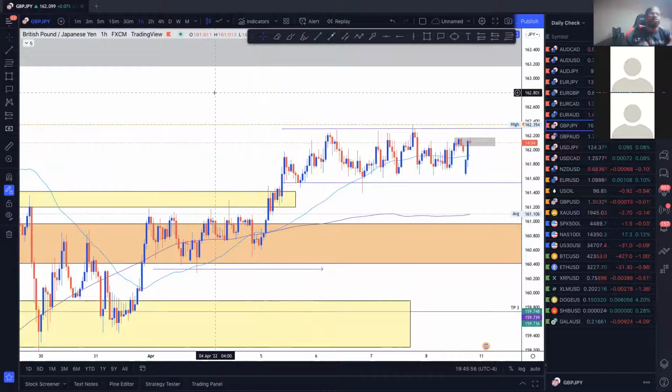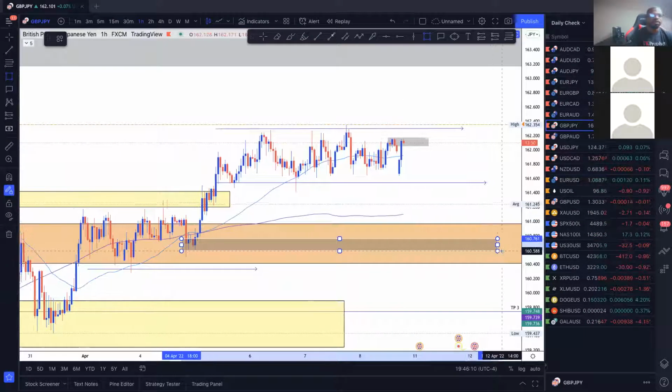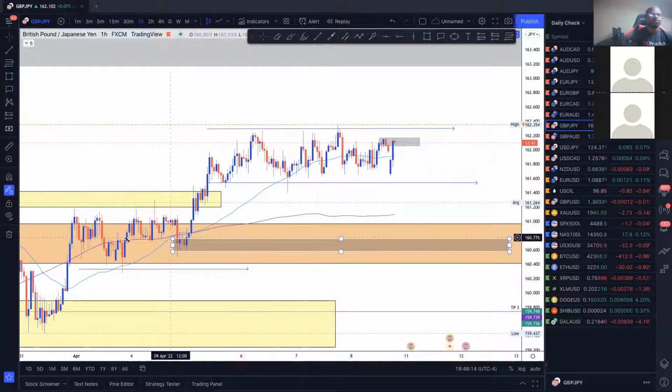So you can see that double bottom better on that 1 hour. You see it better, Doc? Yeah, okay. All right. So here we have a double bottom, but we'll have to be careful because it's also above liquidity.